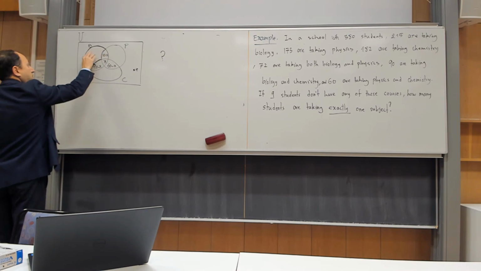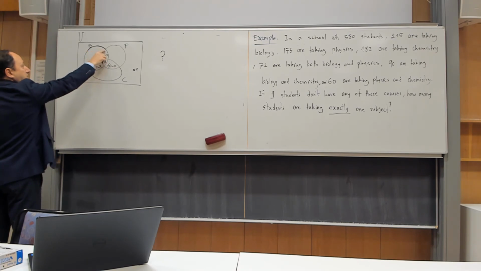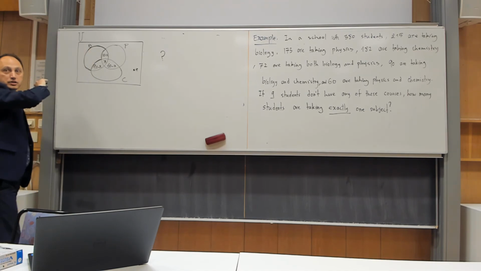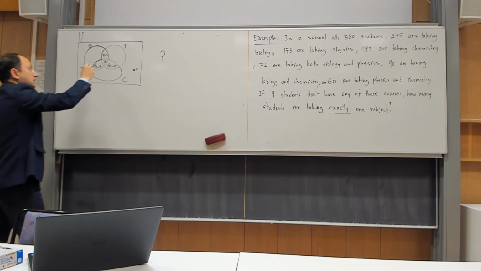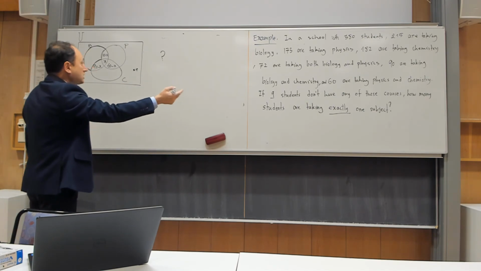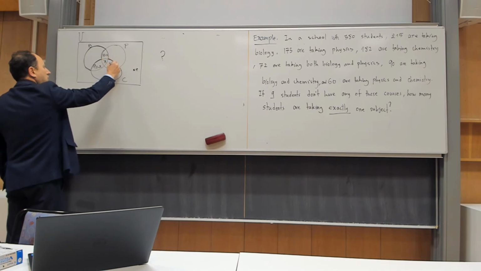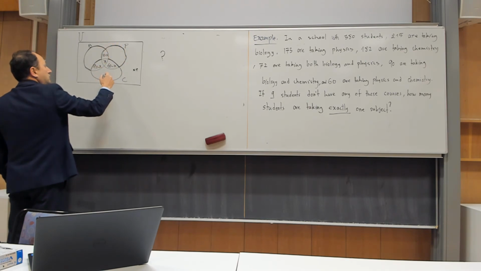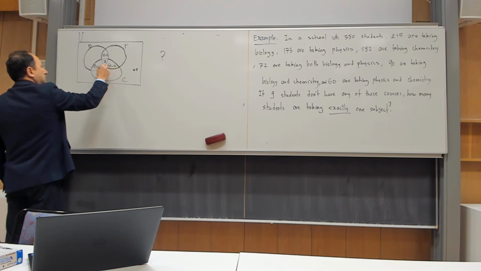If I ask you what is in common between these people in this border, you would say that they are studying only biology, nothing else. But they have asked you about how many are studying exactly one subject, so it means that you also consider this one.